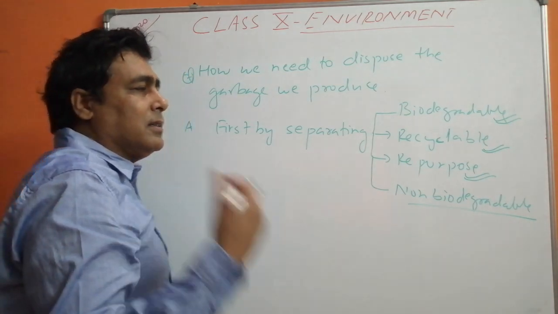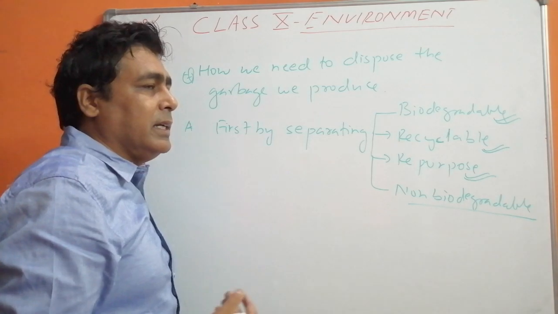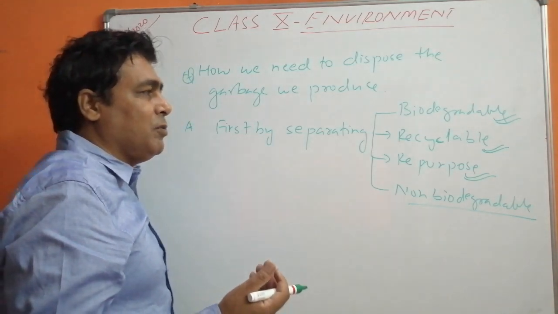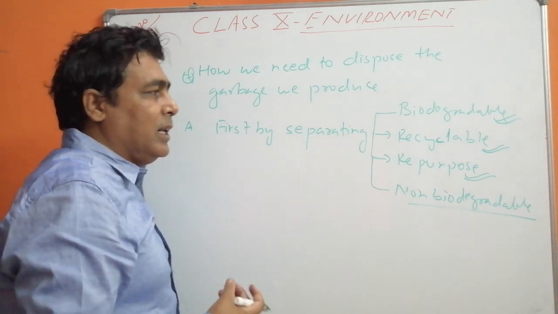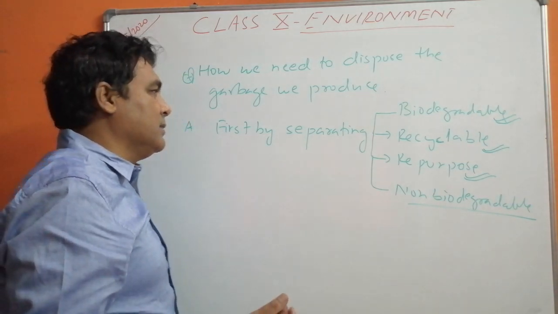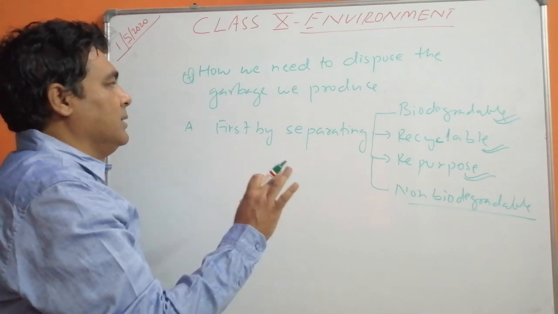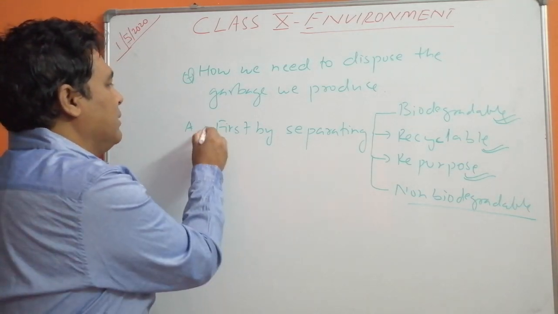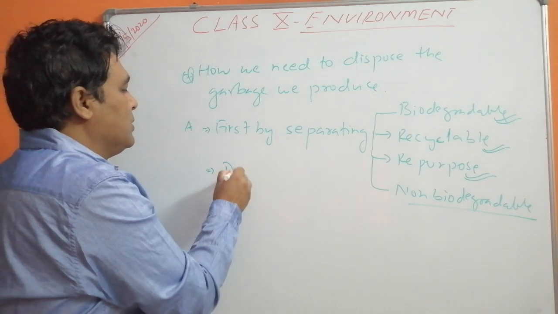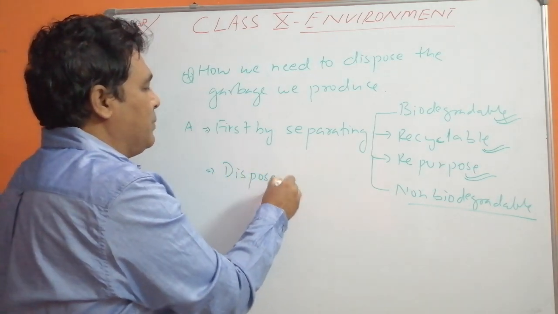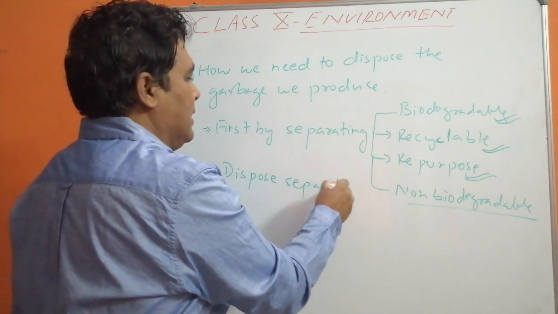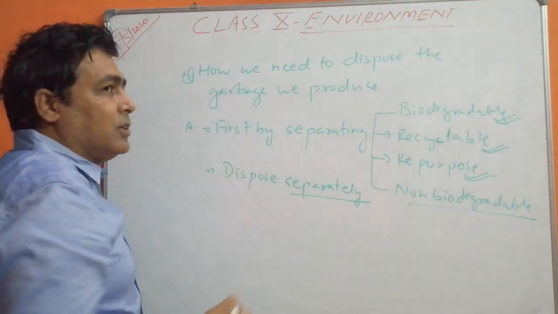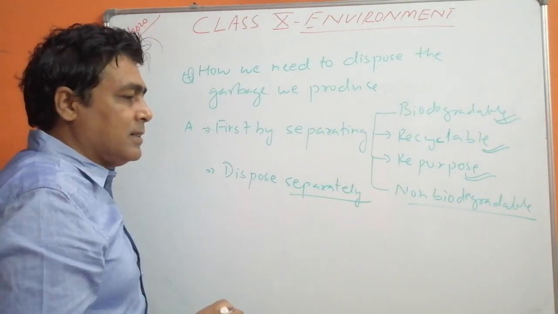Repurpose means the same material can be used for another thing, like broken bins, trucks, etc., can be filled with soil and manure and used for plantations. So we need to separate them first, then dispose of them separately, and produce less waste.